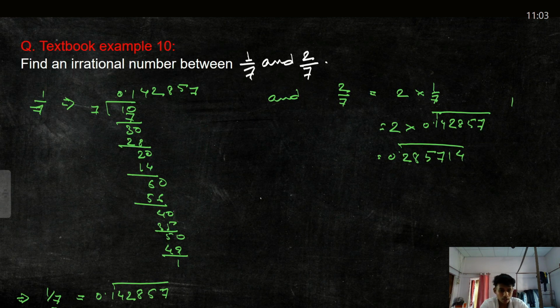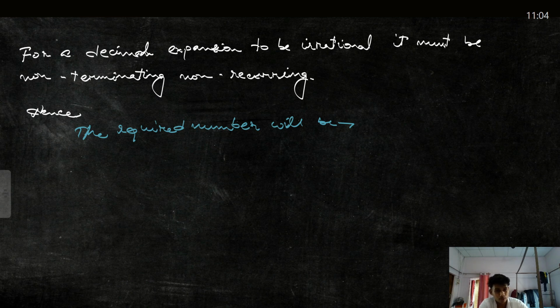Now let's see what comes between 0.1 and 0.2. Definitely 0.15. So we'll start it with 0.15. Now it should not be recurring. That means 15 should not be repeating. So let's put a 0 here: 0.150. Again we put 15.